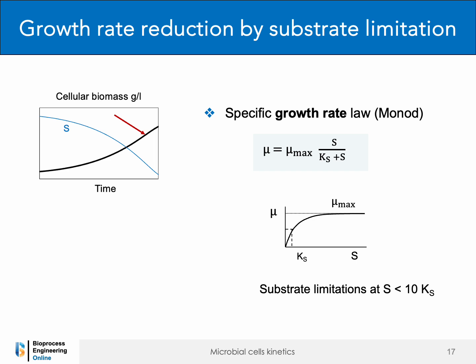It is expressed as the product of the maximum growth rate mu max and a substrate limiting term, mu equals mu max times S over Ks plus S, where S is the substrate concentration and Ks is the half saturation constant for the substrate. As a first approximation, the substrate concentration is considered limiting when it falls below 10 times the value of Ks.